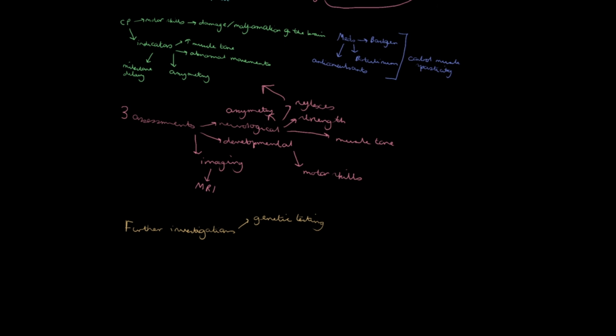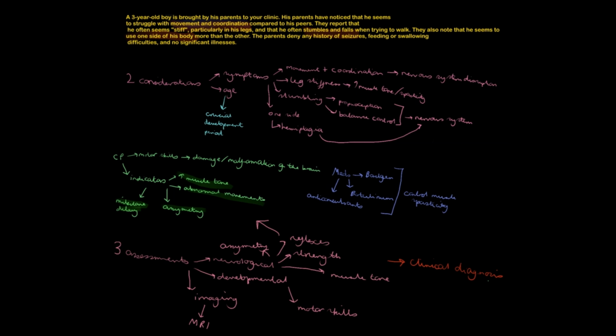So let's say you have carried out these investigations in clinical practice and you have found abnormal findings, specifically with the increased muscle tone and abnormal movements. We have looked at these 3 assessments that you can do. However, it's important to remember that cerebral palsy is a clinical diagnosis, and not all children with CP will have identifiable abnormalities on imaging or other tests.